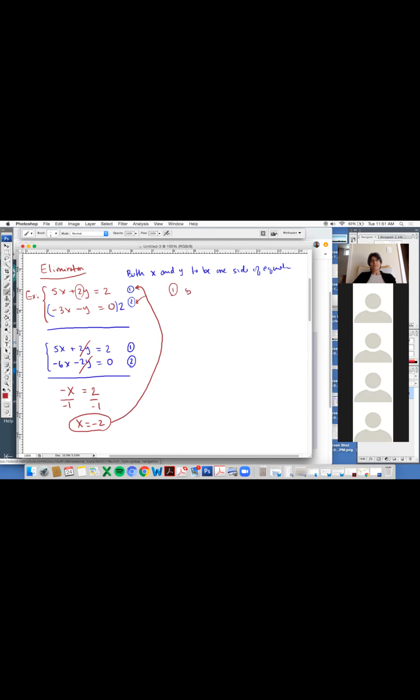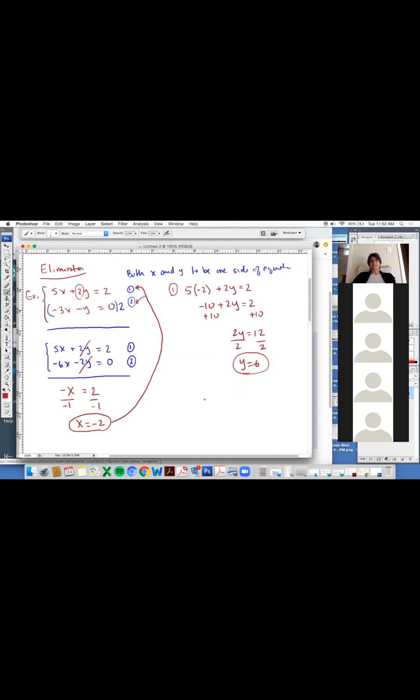Okay, so I have 5 times x, so 5 times -2 plus 2y equals 2. -10 plus 2y equals 2. Add 10 to both sides. 2y equals 12. Divide by 2. y equals 6.